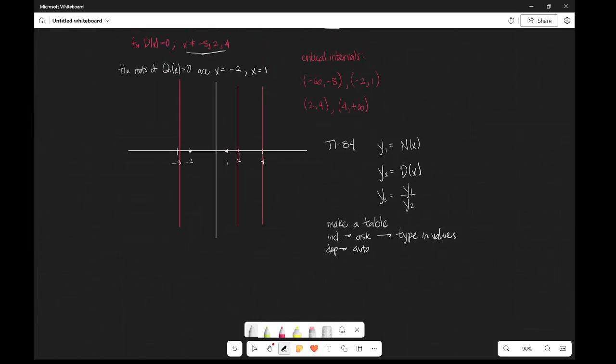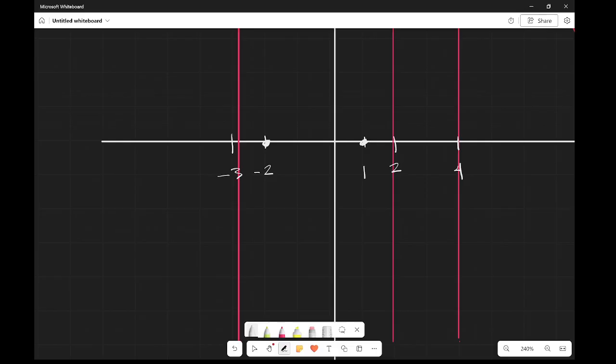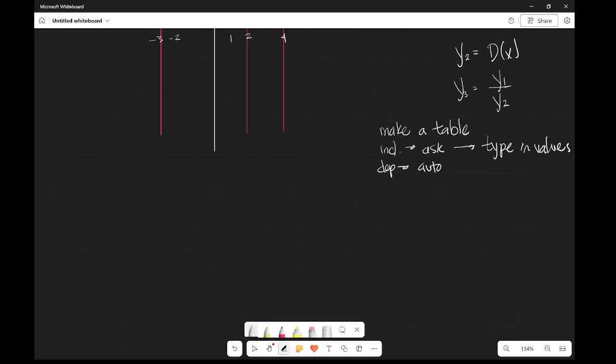And this is very convenient here because we're going to have to figure out what happens when we're right to the left of the asymptote, right to the right of the asymptote. Same here, here, and here, and here. We're going to have to figure all of that out.